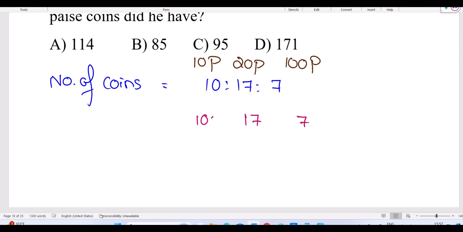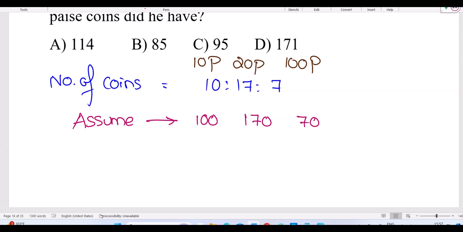You can do it like that also. So I am assuming 100, 170, 70, satisfying that ratio. First one 100, second one 170, third one 70. Is the ratio satisfied? Yes. Now, listen. If you have 100 coins of 10 paise, how much amount will you get? 100 coins, 10 paise coins, 100.